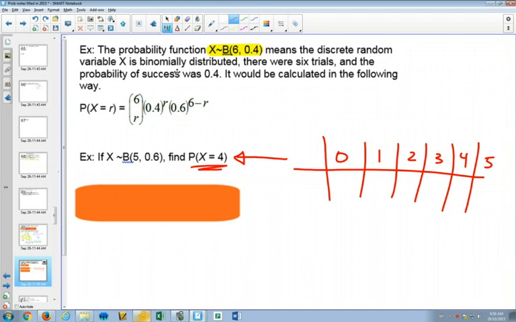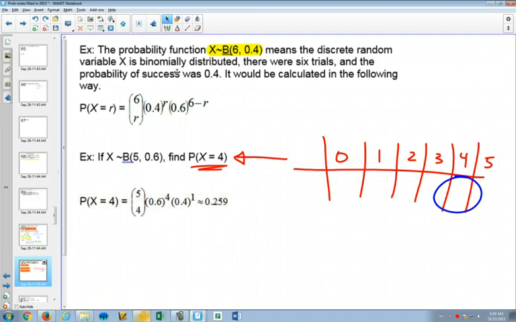We're looking for this number right here. We're looking for what's the probability that x equals 4 if you had a 60% chance of getting it right each time. So we plug it into our formula, and we find out that that number would be about 26% or 25.9%.